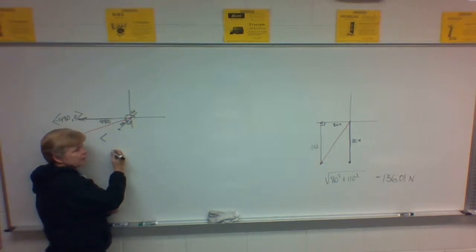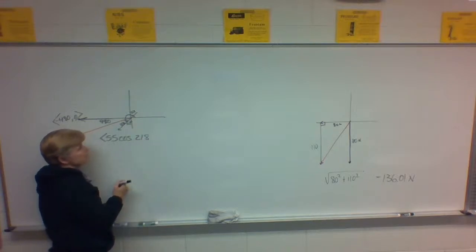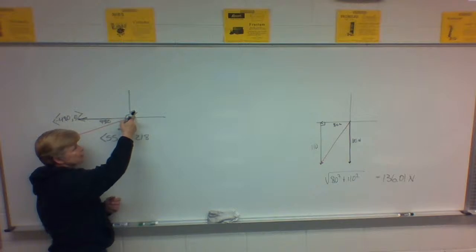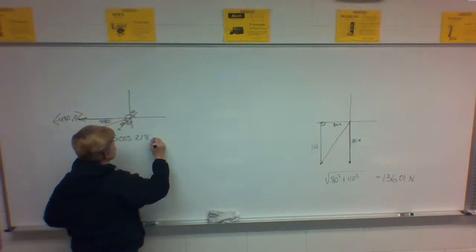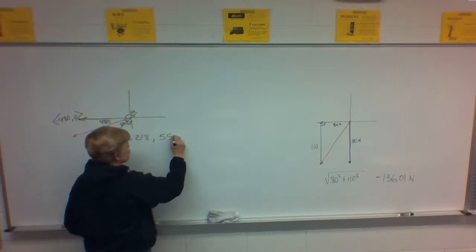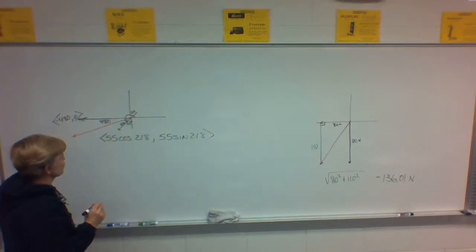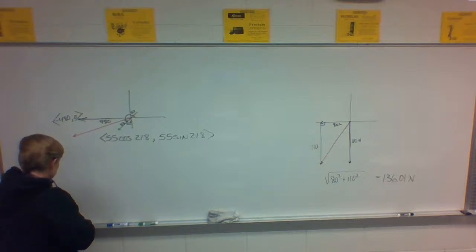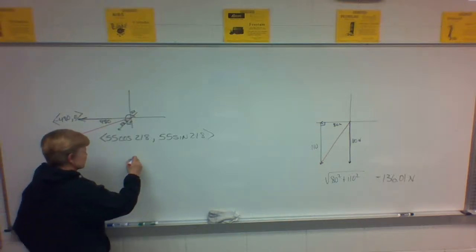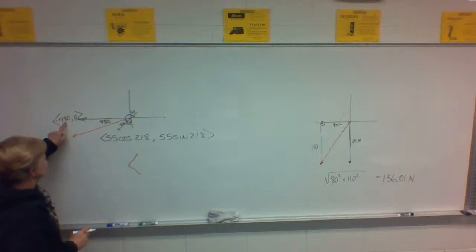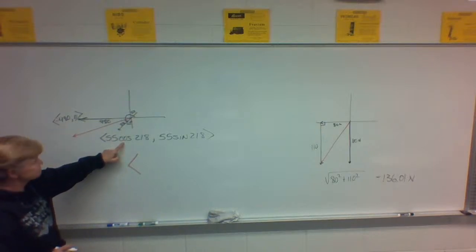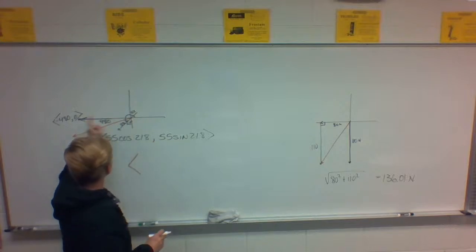So what is the component form of this? Cosine of what? 218? Yeah. So you just go 270 minus 52, because you need this angle coming around this way. Comma, 55 sine of that same thing, right? In degree mode. And now we need to add the two together. So the component form of the resultant is going to be negative 480 plus whatever this is, and this exactly, because adding 0 to it does nothing.